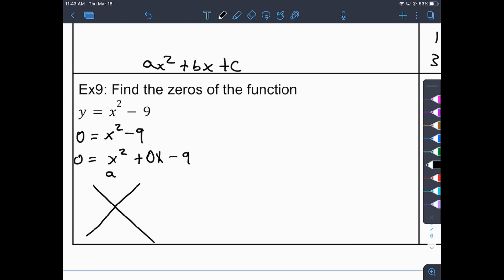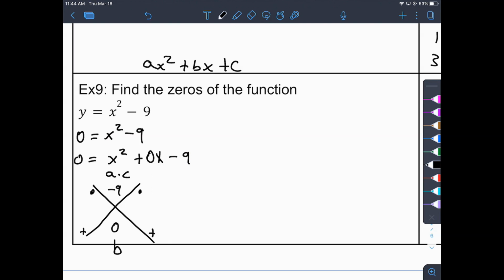You learned this: a times c and b. It needs to multiply to give us the top, and it needs to add to give us the bottom. Well, what is the a value on this? It's a 1. And the c value is a negative 9. So 1 times negative 9 is negative 9.